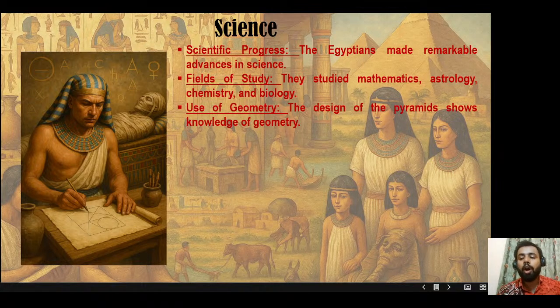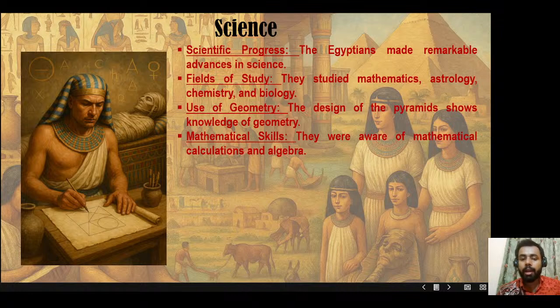The design of pyramids shows knowledge of geometry. From the construction of the pyramids, we can understand how expert they were in measurements and angles. From the designs of pyramids, we understand that they had great depth of knowledge in geometry.